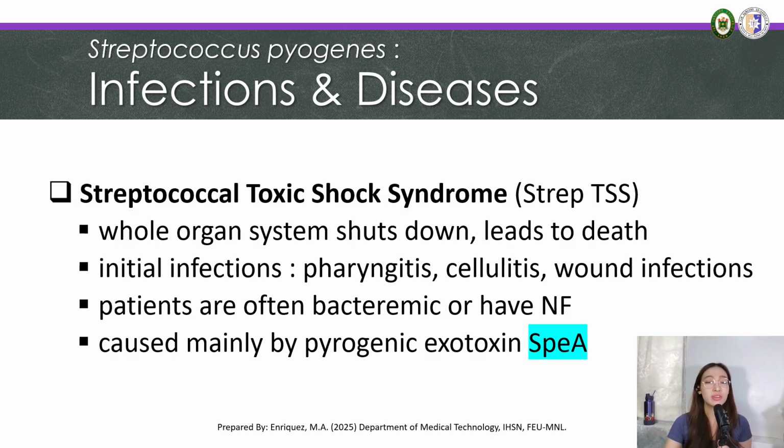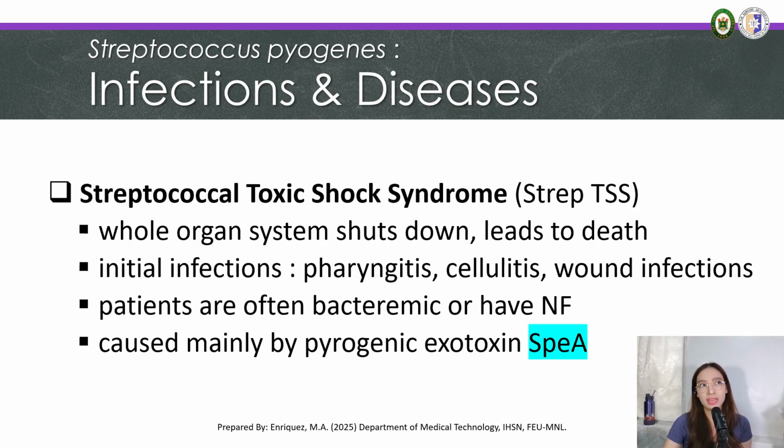So again, excessive cytokine production is bad. Tulad ng nabanggit ko po kanina, this is like an overreaction of the immune system, which could affect other organ systems and do more harm than good. Okay? So streptococcal TSS is a condition in which the entire organ system collapses, leading to death.